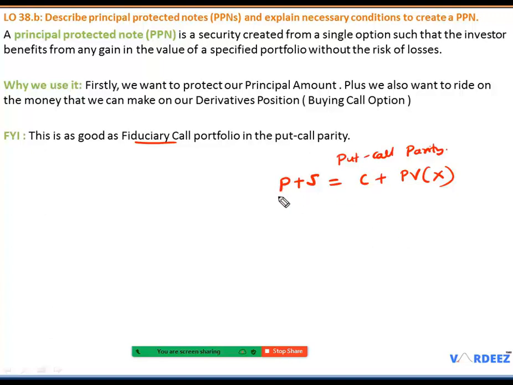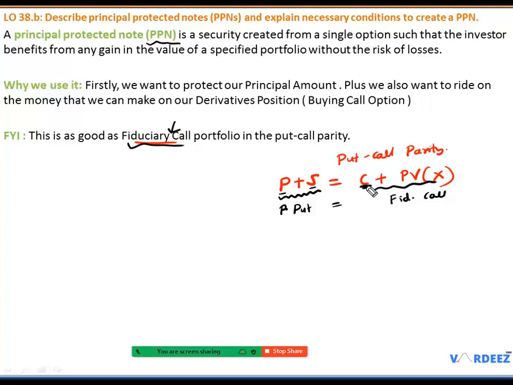P plus S, we just saw, is the protective portfolio, meaning you have a stock as well as a long put. And this one, C plus present value of X, is known as the fiduciary call, and PPNs are as good as a fiduciary call.